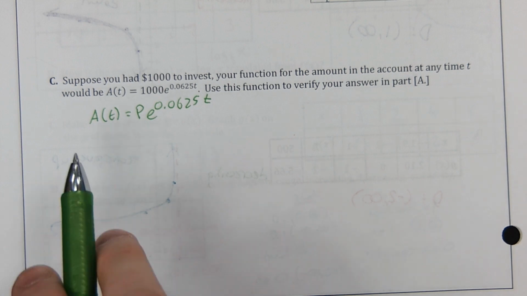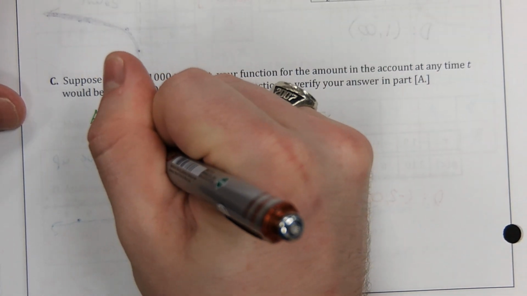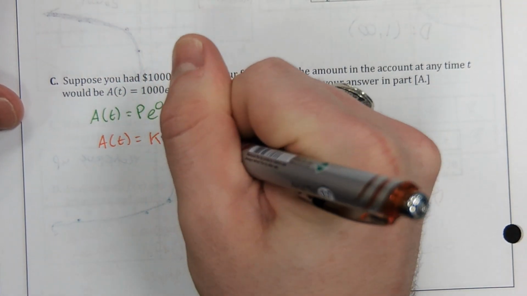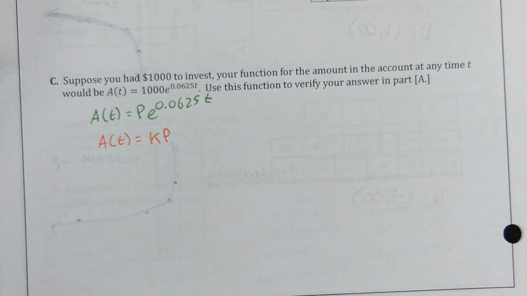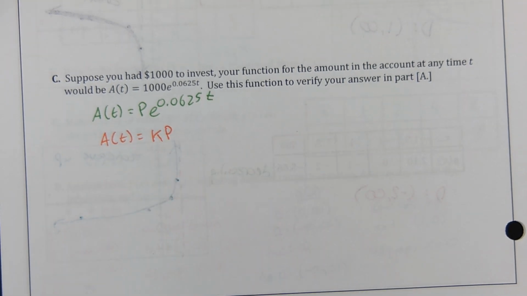That means A of t is any multiple of our starting amount. That's what we were told that k represents. So if k was 2, we would have $2,000, right? 2 times 1,000.